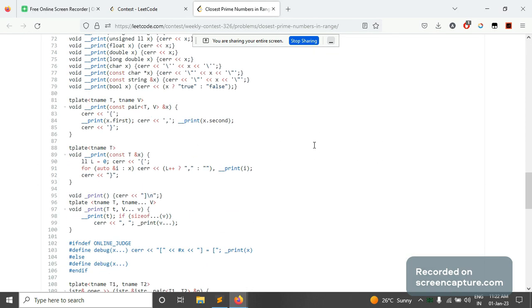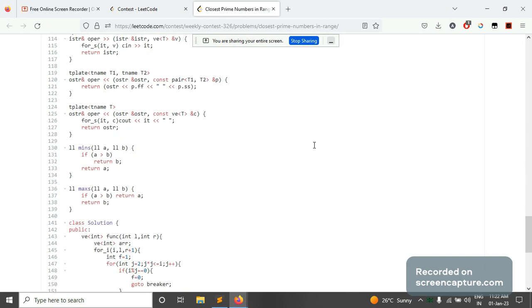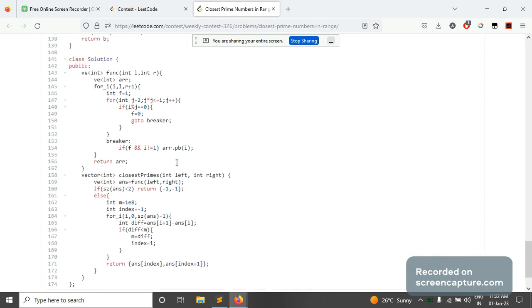So what we have to do first is take all the prime numbers that exist between left and right. We have to store those numbers in an array, or you can say a container.